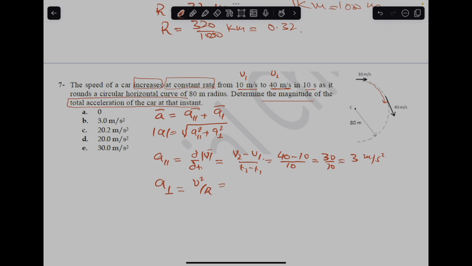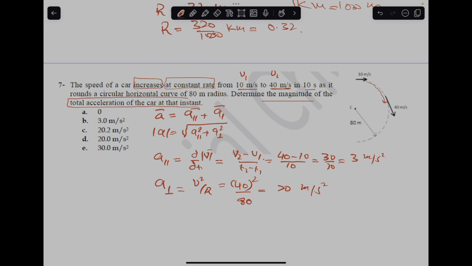And v in that case is 40, then we have 40 squared divided by 80, which is the radius, so we get 20 meter per second squared.